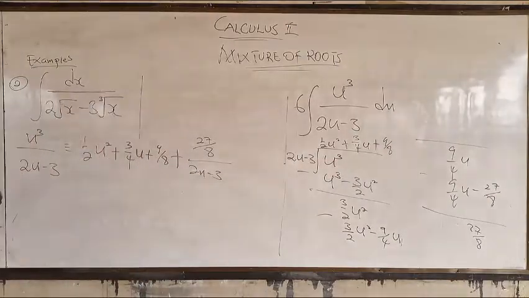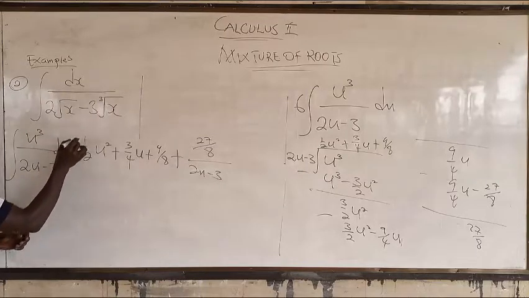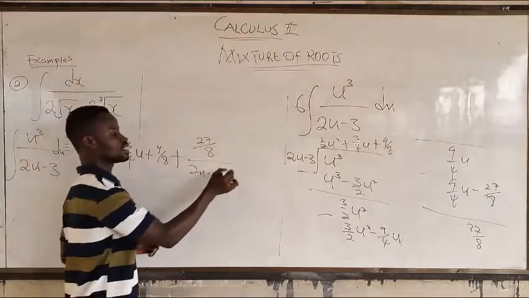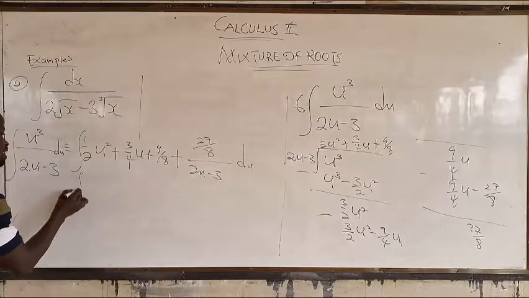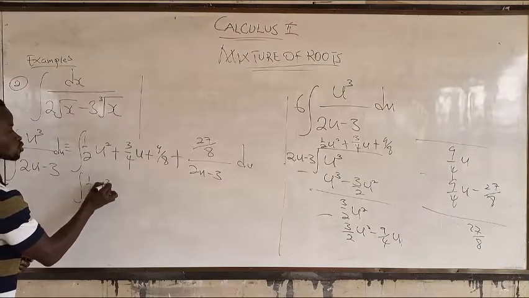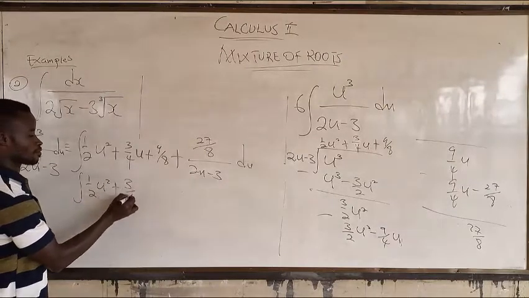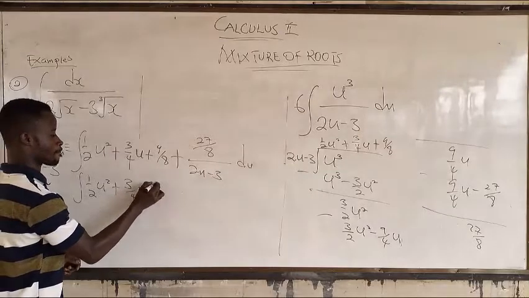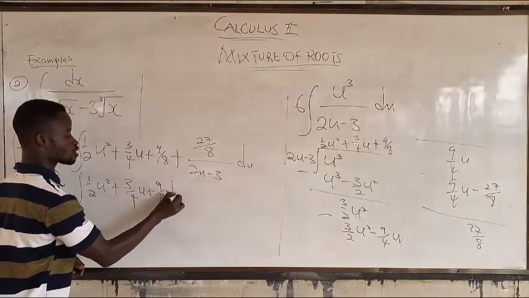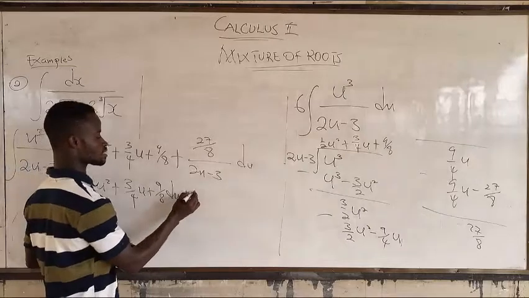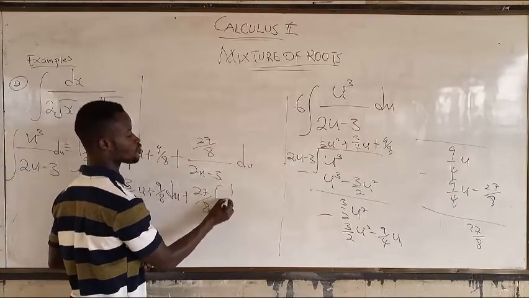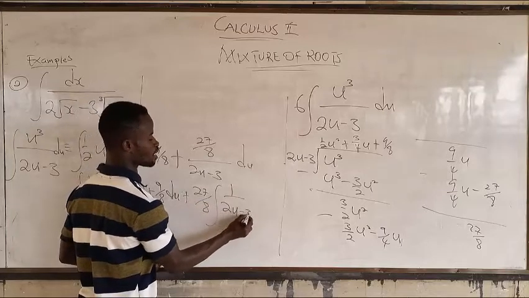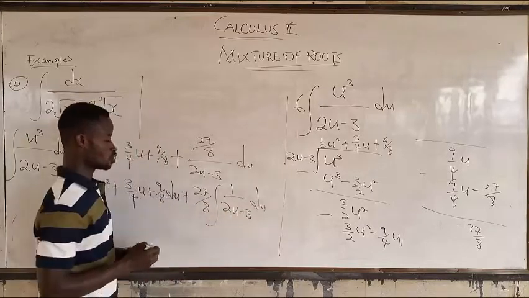So for you to integrate this with respect to u, it's the same as integrating all this with respect to u. Hope it's clear. So we integrate 1 over 2 u squared plus 3 over 4 u plus 9 over 8 with respect to u, plus this 27 over 8, you can bring it out, integral of 1 over 2u minus 3 du.